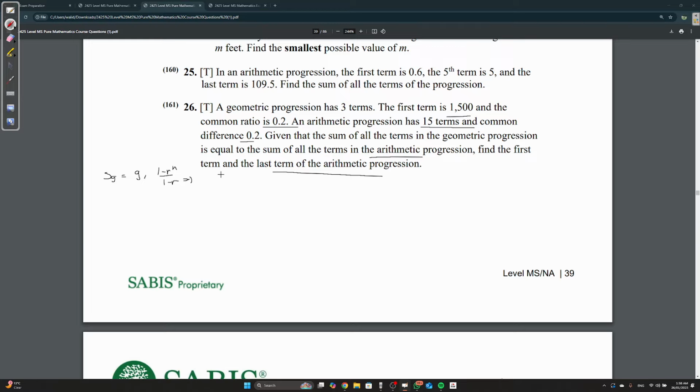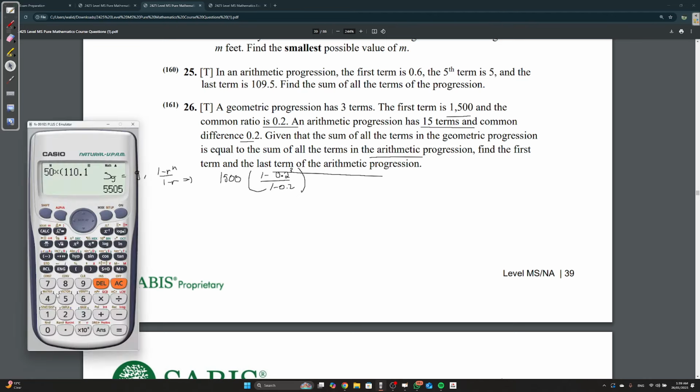It's going to be 1500 times 1 minus 0.2 to the power of 3, over 1 minus 0.2. Let's do this on a calculator. That gives 1860. So 1860 is the geometric sum.